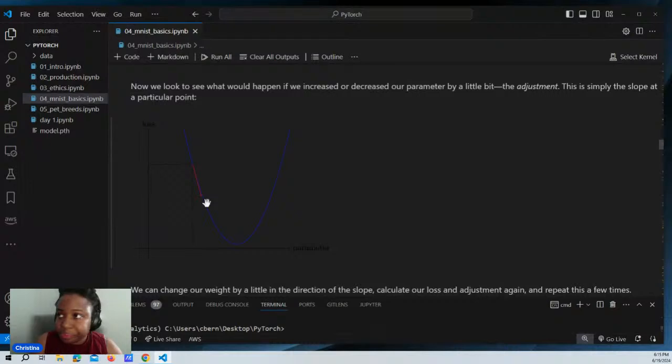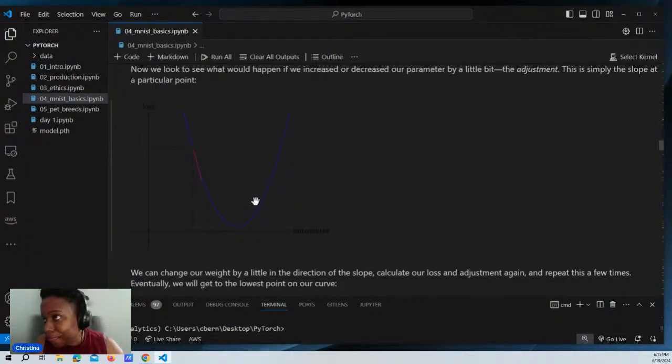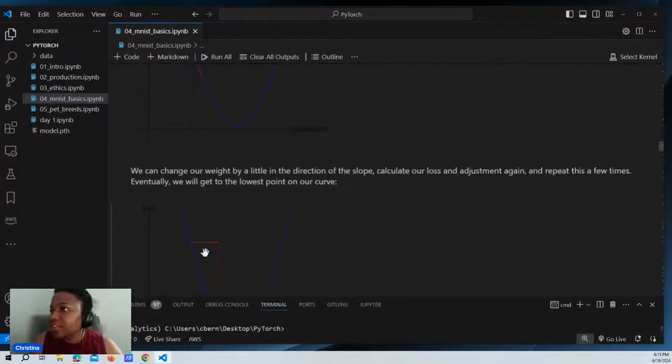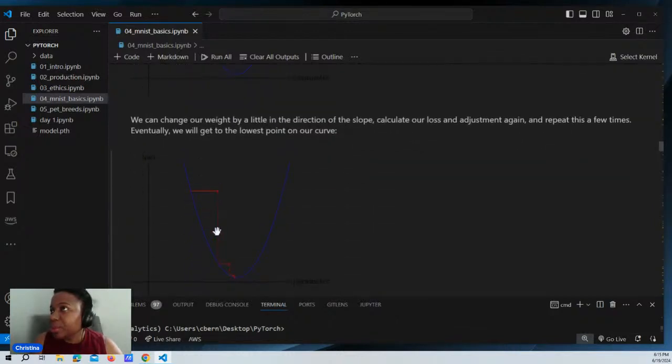Everything's a slope, calculus, a derivative, that measure of that angle. We calculate that loss, and then we make another step when we change the weight, the direction of the slope, right? We calculate our loss and adjust again, and we keep doing that until we get closer to the lowest point of the curve, which I call the center.